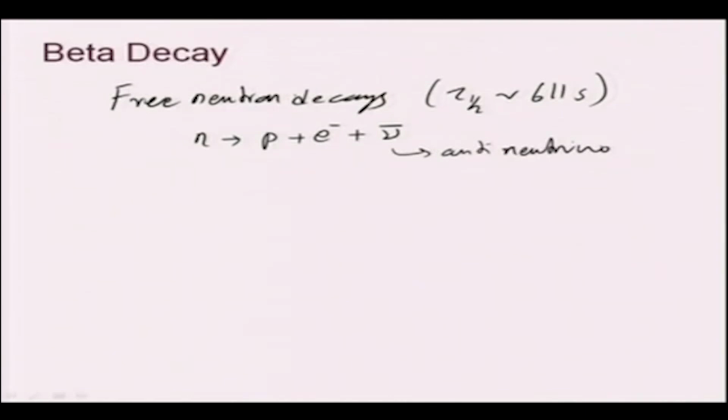And in the beta plus decay, it is a proton which will decay to convert itself into neutron plus E plus and a neutrino.